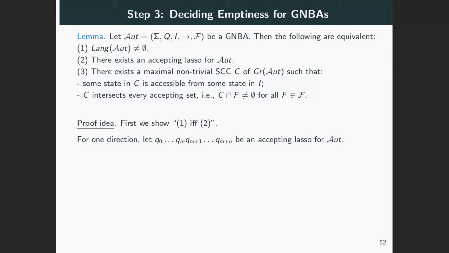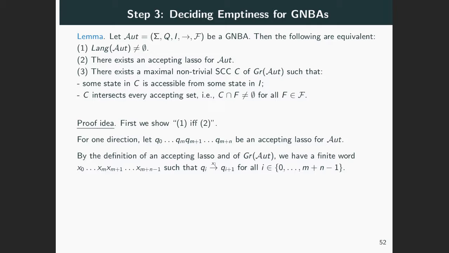First, let's assume that there exists an accepting lasso where Q0, Q1 up to Qm indicate its stem, and Qm plus 1, Qm plus 2 up to Qm plus n indicate its cycle. In particular, Qm plus 1 and Qm plus n are equal.